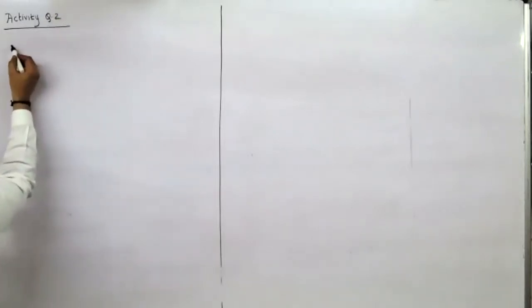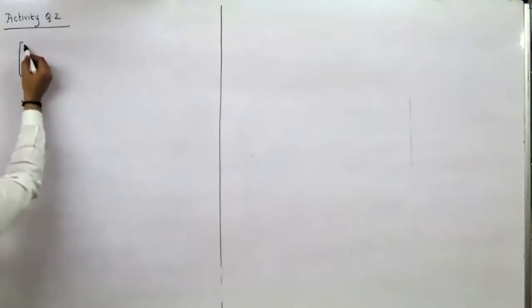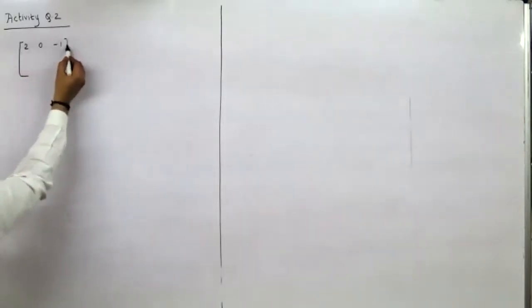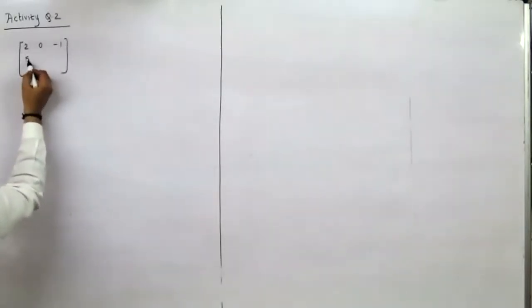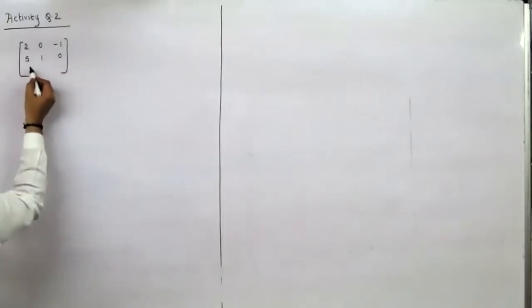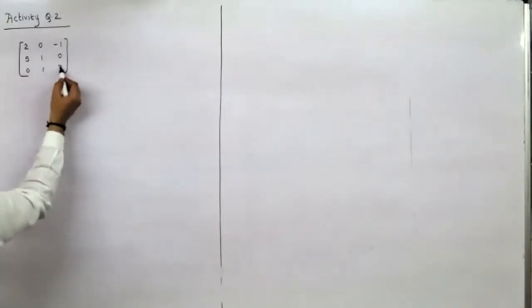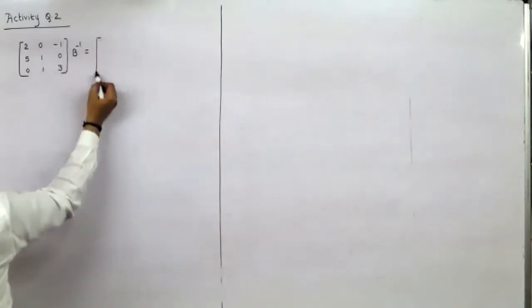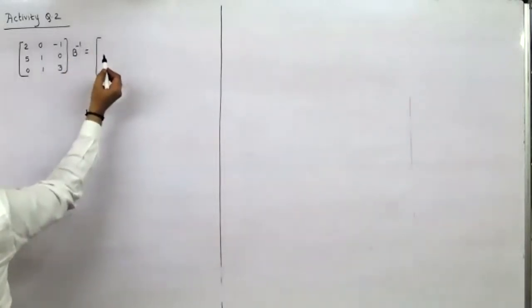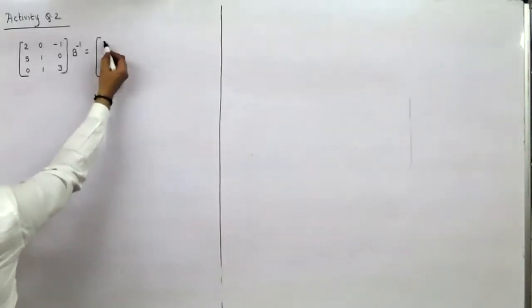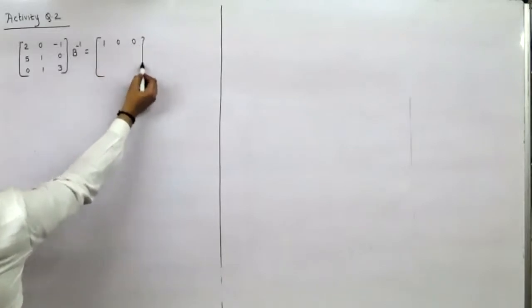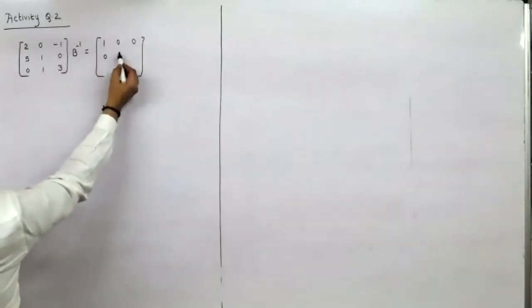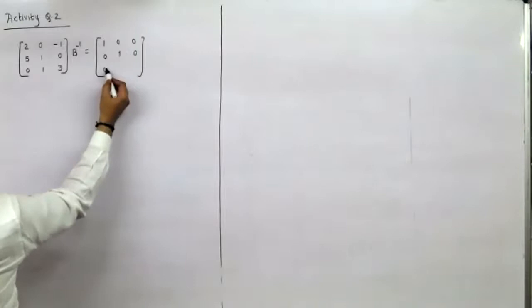So here, [2 0 -1; 5 1 0; 0 1 3] into B inverse is equal to [1 0 0; 0 1 0].